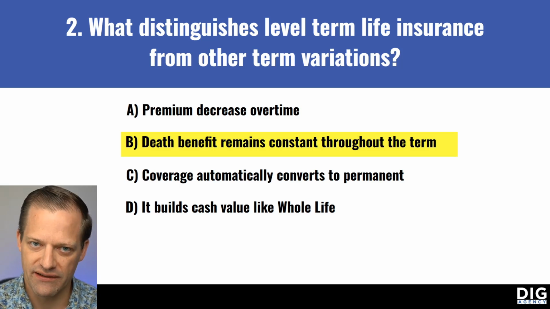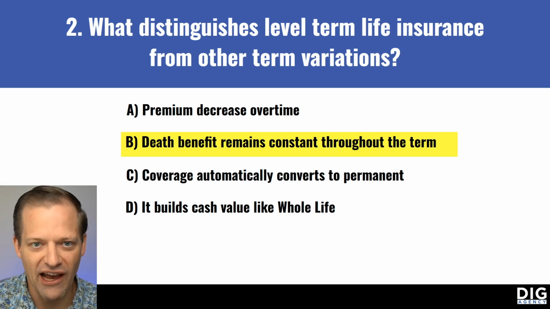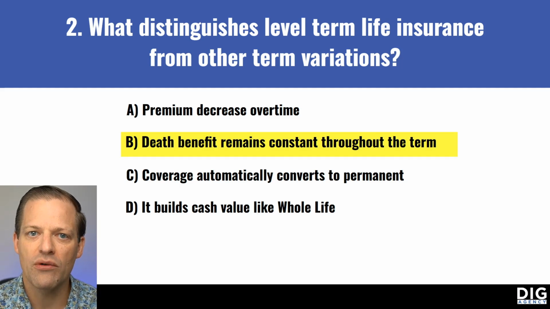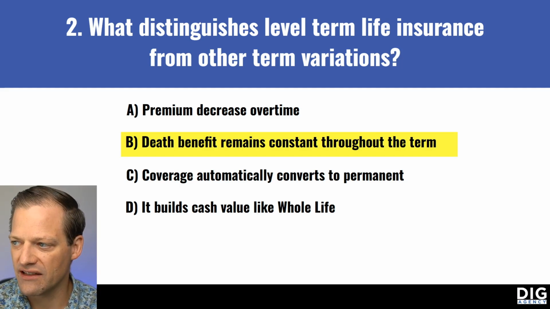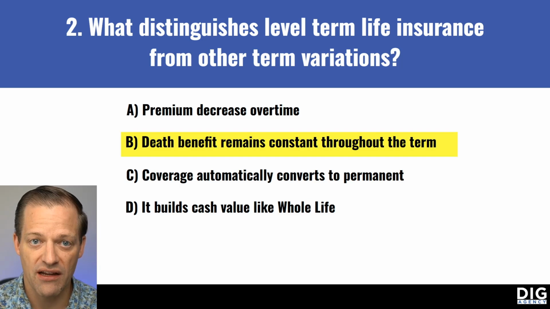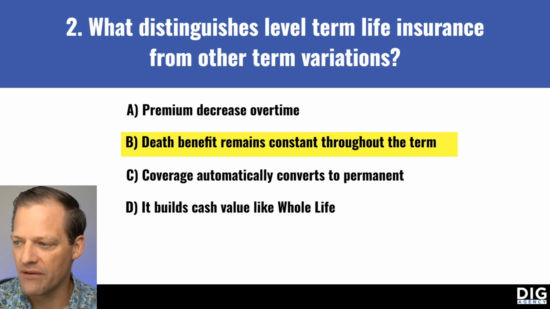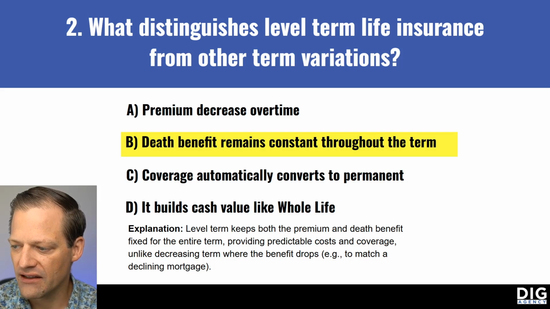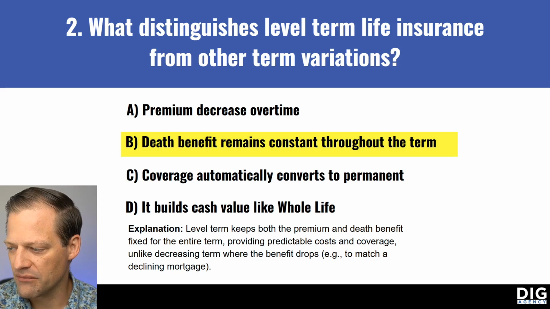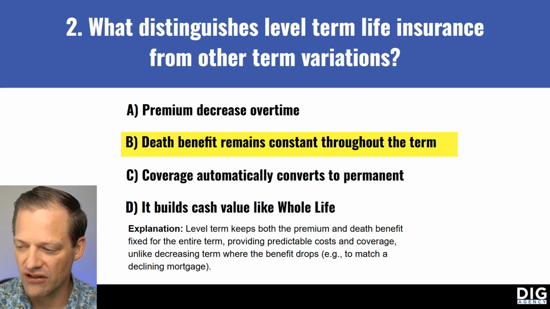Obviously, if it decreases, it's not level, right? There's an action downward. So level always refers to the amount of coverage staying constant throughout the term of the policy. Level term keeps both the premium and death benefit fixed for the entire term, providing predictable costs and coverage, unlike decreasing term, where the benefit drops.